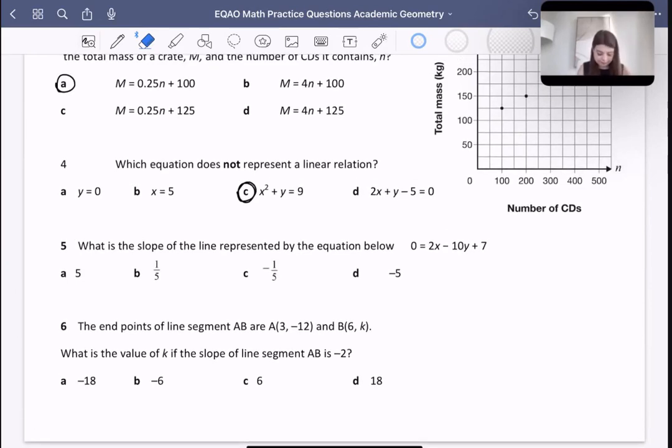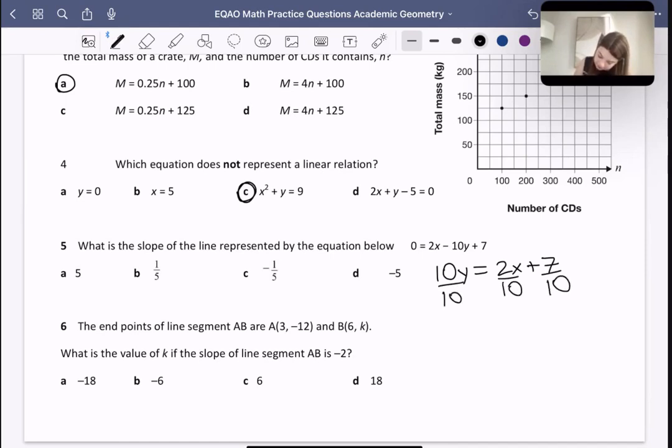Okay. What is the slope of the line represented by the equation below? So to find it, we must get this into y equals mx plus b form because m is our slope. So to do that, first I'm going to put 10y on the left, and then I'm going to divide both sides by 10 and get y equals 1/5 x plus 7 over 10.